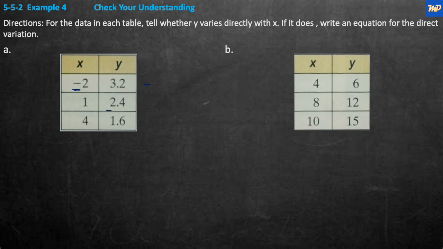So that's already a failure. And this is 1.6 and this is 2.4. So here's a 1.6 here, but this is negative 1.6. This is positive 1.6. I'm going to write it right here. I changed my color. Sorry. This is not a direct variation.